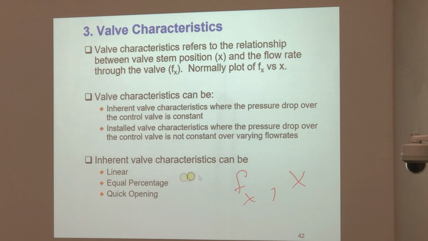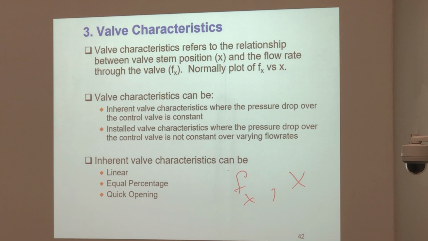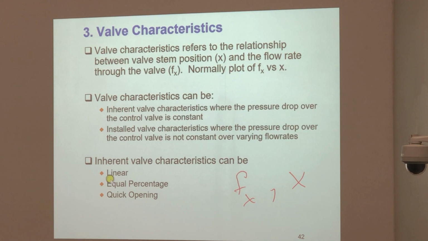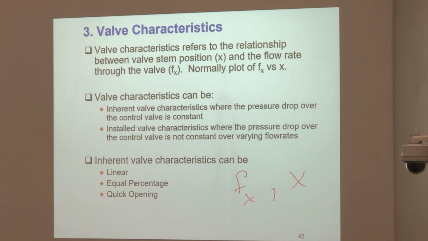Equal percentage means that if I open 20%, the change over here will also be based on 20%. I'll show you a table to understand equal percentage. Let's say from 40% to 60% compared to from 20% to 40%, both are changes of 20%, so your fx will follow the same concept.